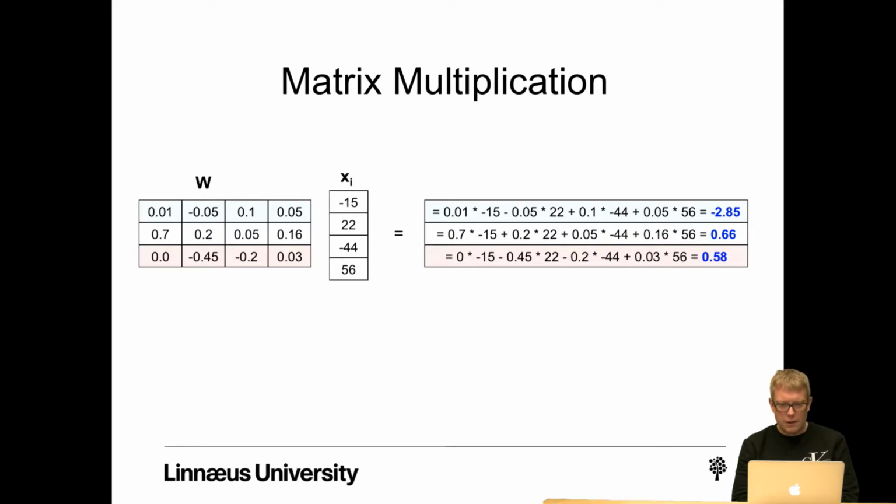The first element is calculated as 0.01, the first element of the first row in the weight matrix, multiplied by minus 15, which is the first element in the input vector, minus 0.05, the second element of the weight matrix, multiplied by 22, plus 0.1, the third element of the first row in the weight matrix, multiplied by minus 44, plus 0.05, the last weight in the first row of the weight matrix, multiplied by the last element of the input vector, and this equals minus 2.85. And we do the same for the other 2 categories.